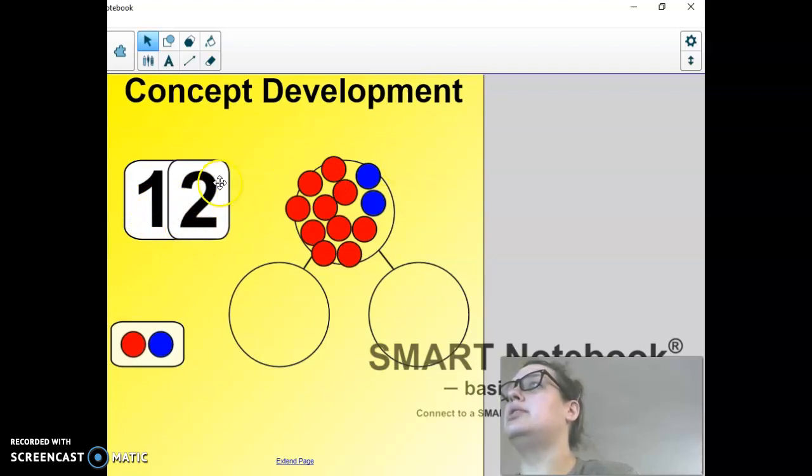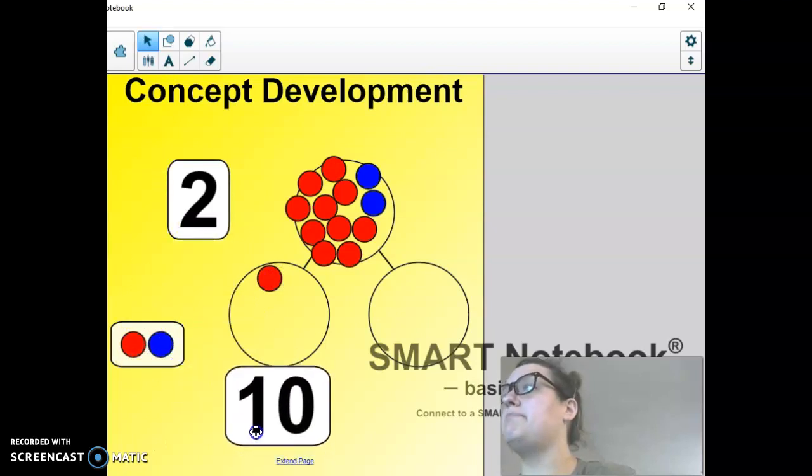All right, so let's see if we got the same answer. Here's my tens place, so what is hidden there? What's hidden under this 2? A 0. I know there's going to be how many over here? 10. Because this should be a 10. Yep. See? 1, 2, 3, 4, 5, 6, 7, 8, 9, 10.